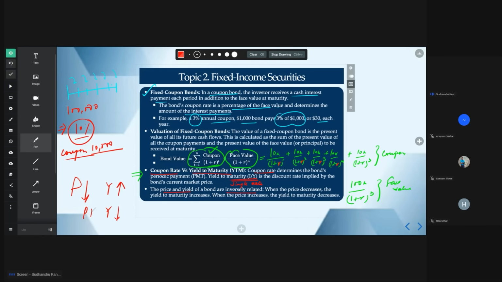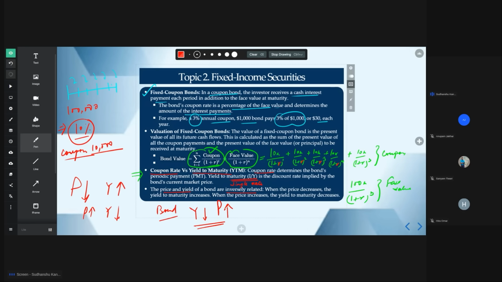Like today, the news has come that the US government shutdown will end. As soon as the news broke, the yield went down in the US market, and the price of the bonds went up. I have told you many times, basically this is a relationship in the bond market.